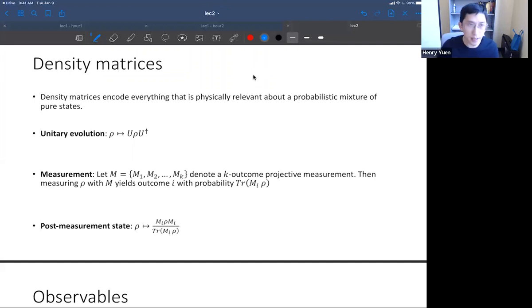Let's see that this is actually compatible with what we learned last time. In the pure state case, you started with some vector psi. If it undergoes unitary evolution, you multiply the vector by the unitary, so you get a new unit vector.